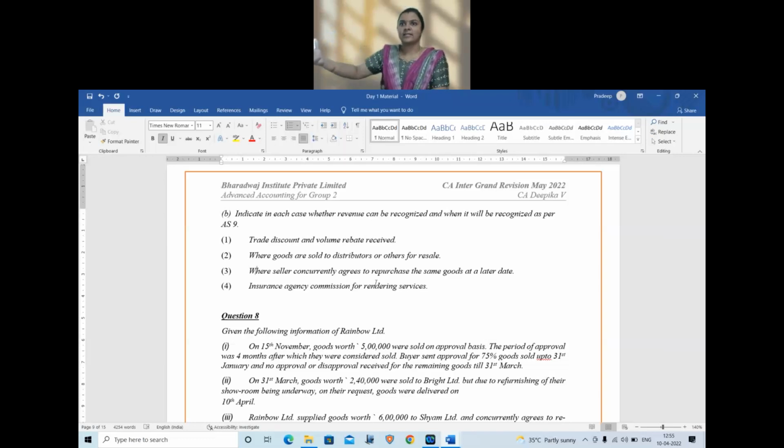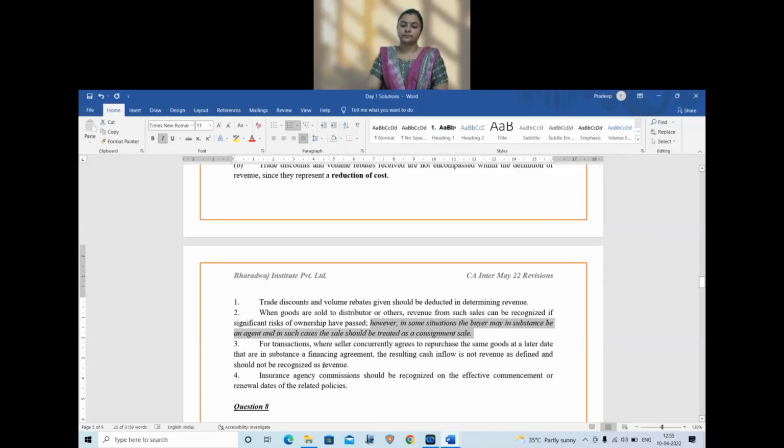So he sells and later agrees to take back at a later date. Not if the risk and reward gets transferred. Does the risk and reward get transferred? It is a sale and repurchase, so the risk and reward does not get transferred. So effectively, it does not come under the purview of sale at all. Okay, it does not get covered under AS9.